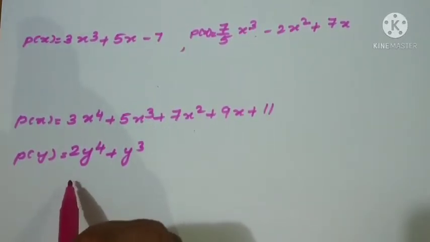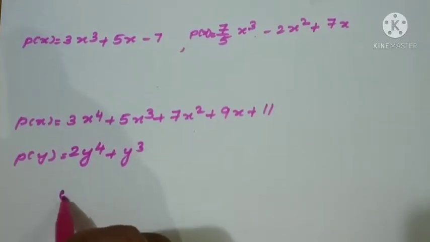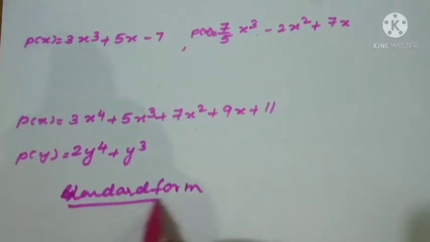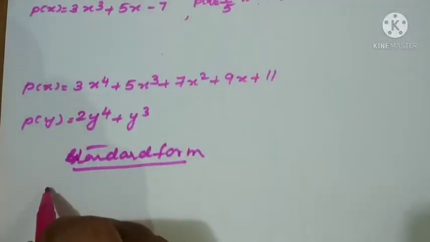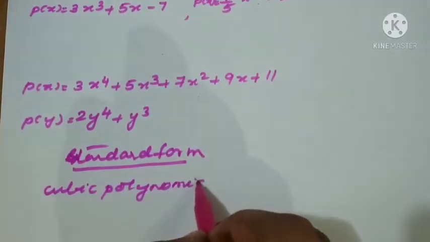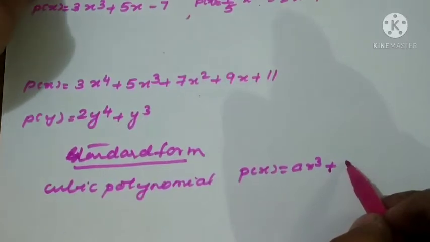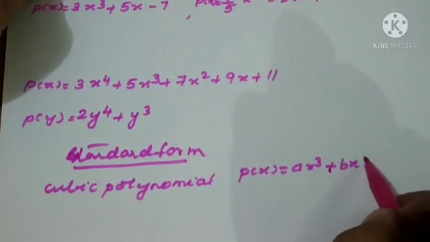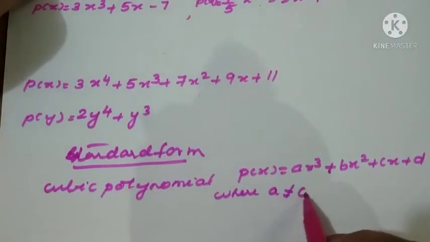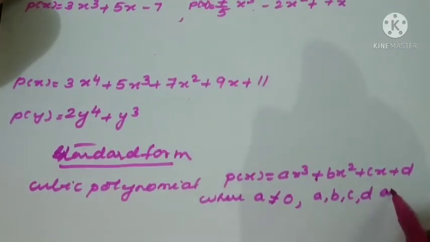If you understood that, then we can say what the standard form of a cubic polynomial is. For a cubic polynomial we write P of x equal to ax cube plus bx square plus cx plus d, where a not equal to 0, and a, b, c, d are real numbers.